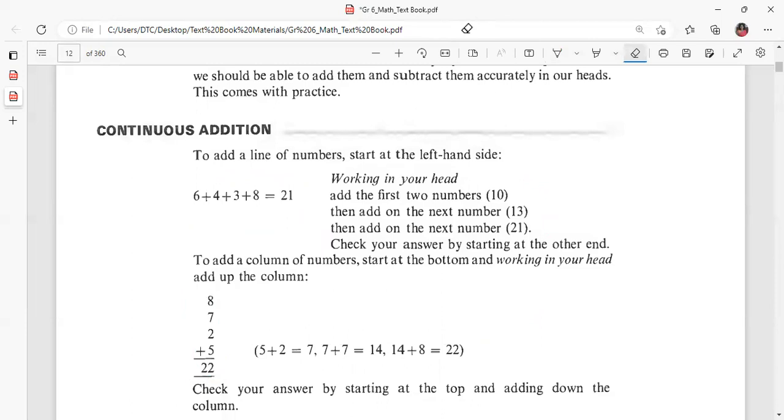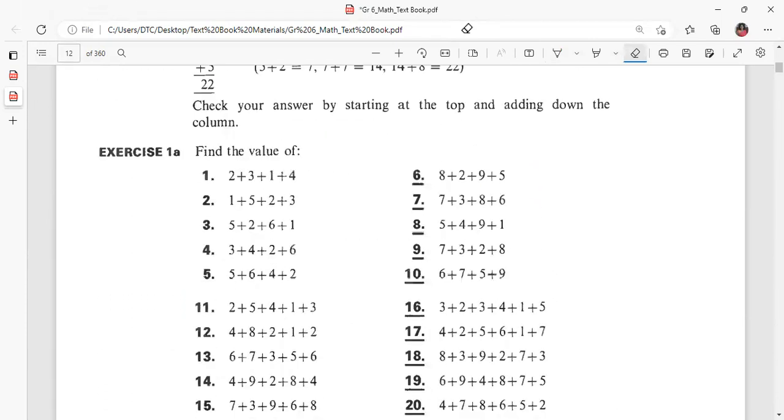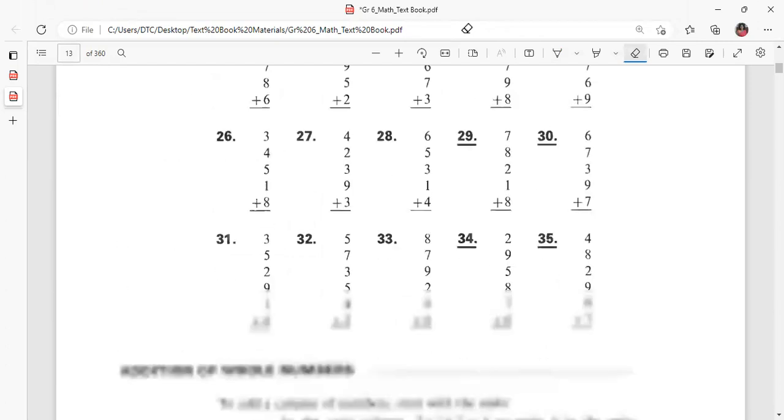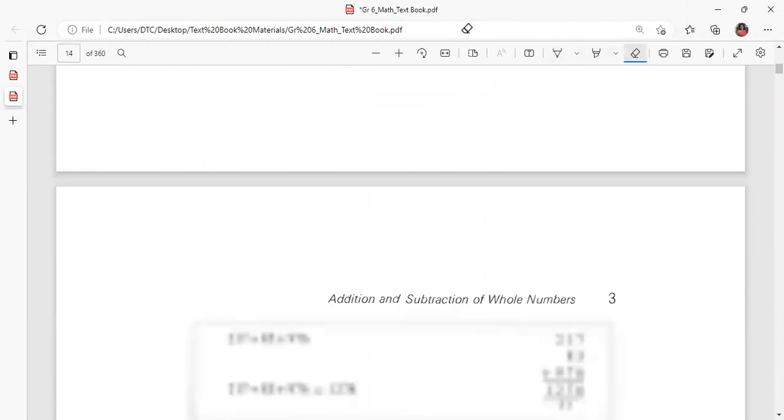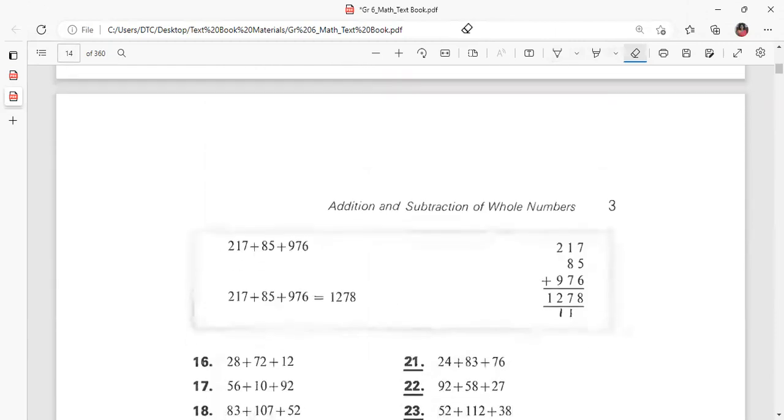If I move further, you have a set of questions. Again, they have explained something with an example, how you should do it. When you first want to get the unit columns, they have explained it. If you move further, you see another example inside a box. See how they have done the workings.